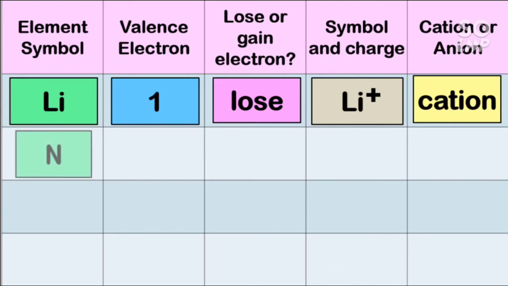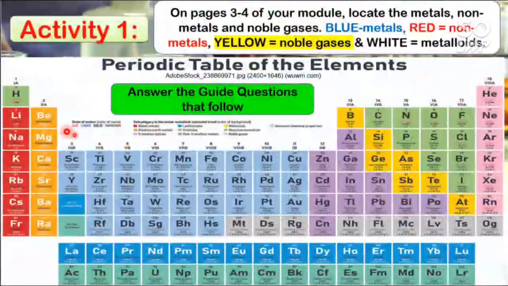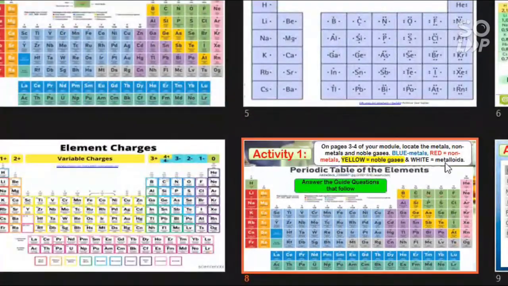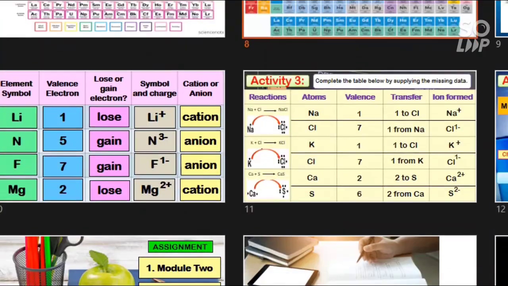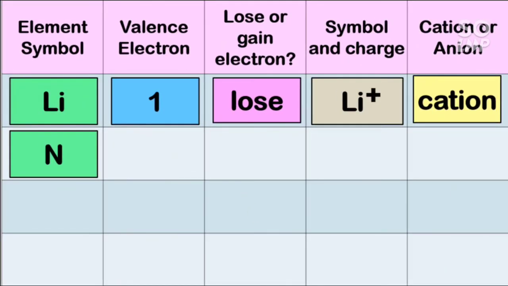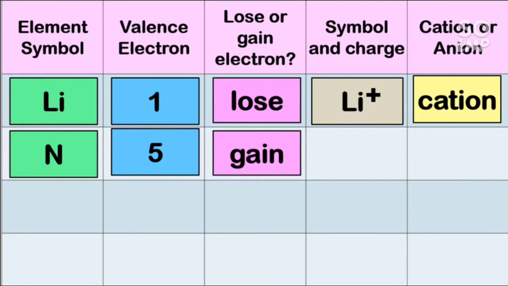How about the nitrogen? So what is the group number of nitrogen? 1, 2, 3, 4, 5. So nitrogen belongs to group number 5, which means it has 5 valence electrons. Okay, nitrogen, is that a metal or non-metal? Since nitrogen is a non-metal, it will gain electron.